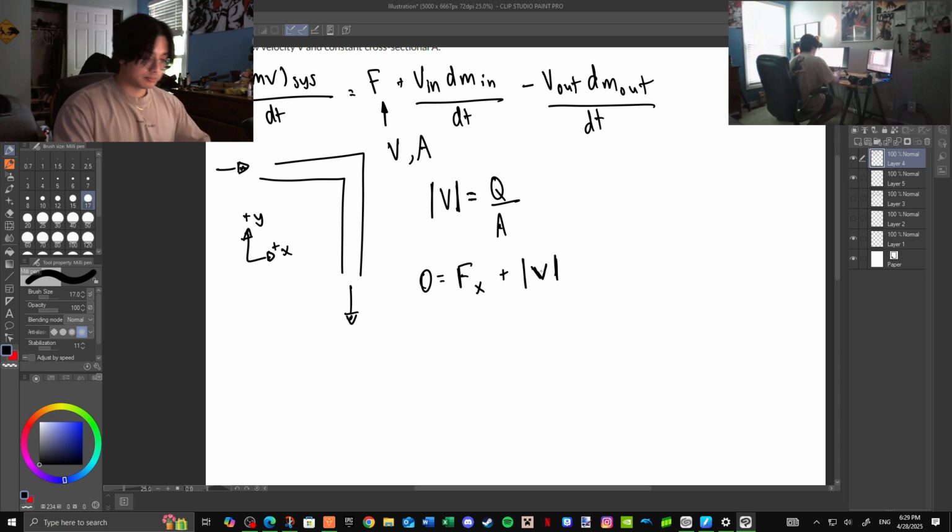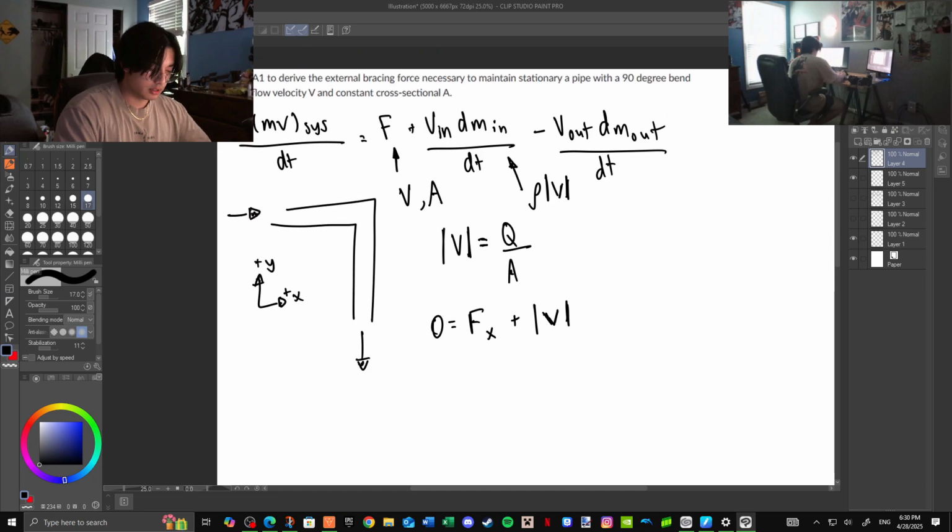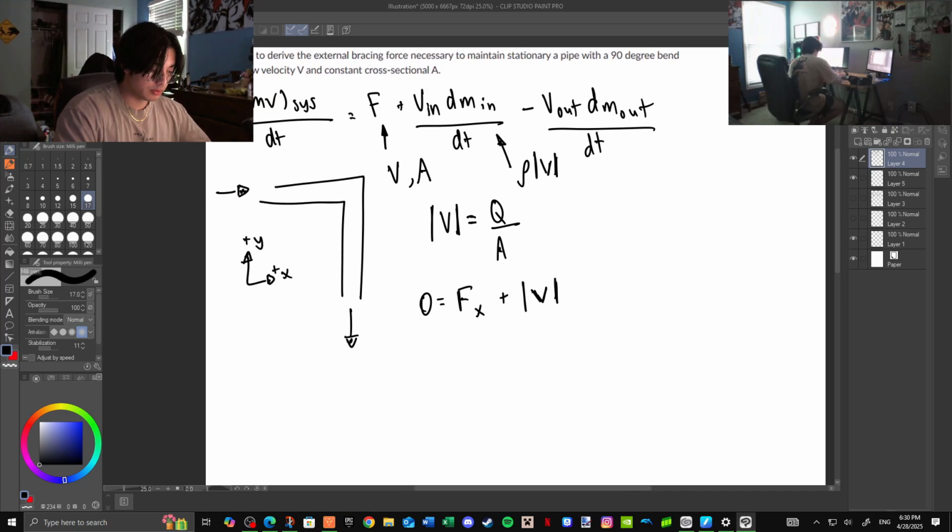But what about the dm, the d of the mass going in over dt? How do we get that? So the d of the mass going in over dt is equivalent to the density of the fluid times the absolute velocity of the flow times the cross-sectional area of the actual pipe.